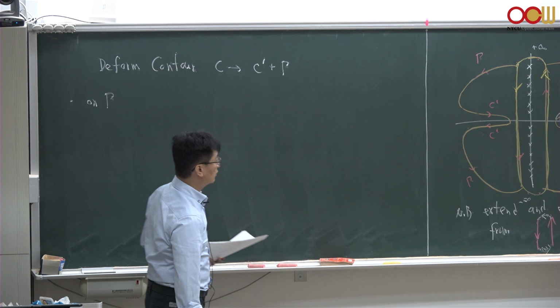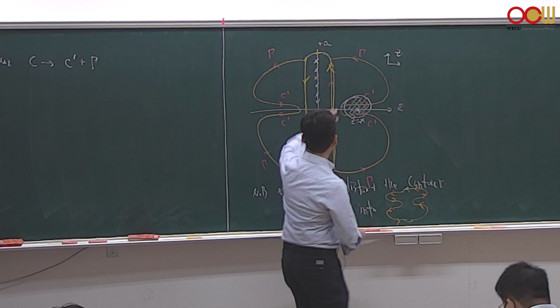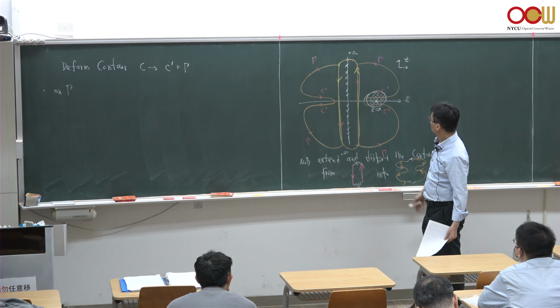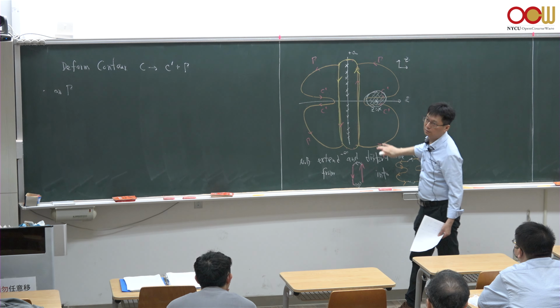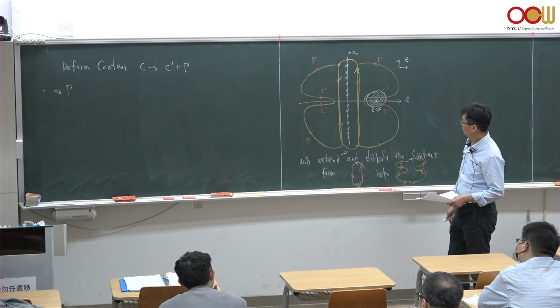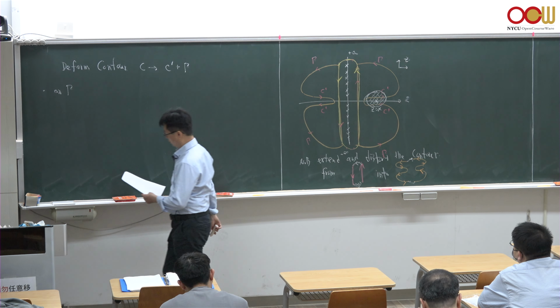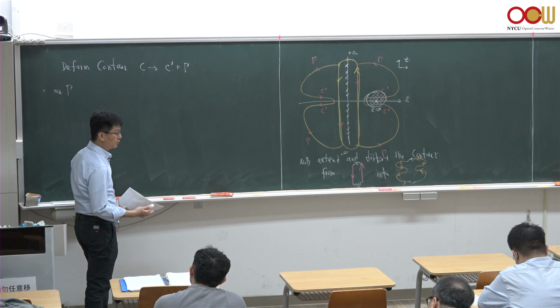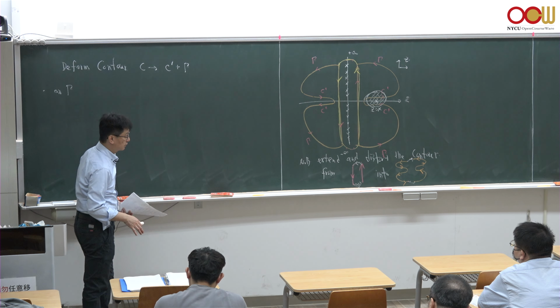So let's try to deform this contour from the yellow circle to the orange curve or orange contour, which is made of C prime on both sides of the contour, and also the gamma contour on top and the bottom of this path. Let's try to evaluate this integrand on all these different parts of this contour.